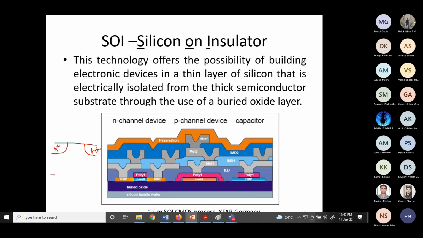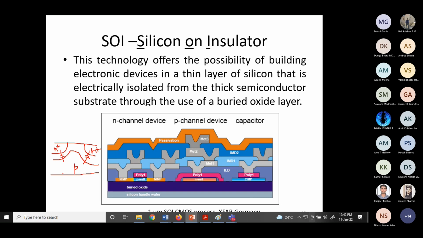So you see, this is my conventional MOSFET, and there is a depletion region here. This is my source, and underneath the drain there is a depletion region. So there are capacitors between my source and substrate and drain and substrate. This is a depletion region, this is N plus, this is P. So these form a capacitance.